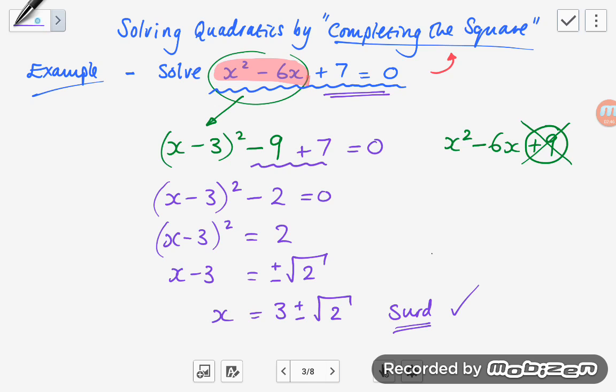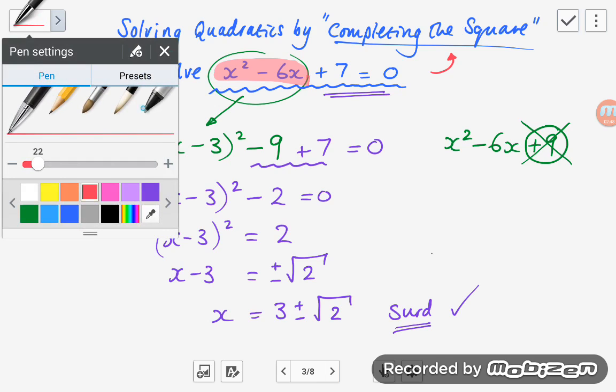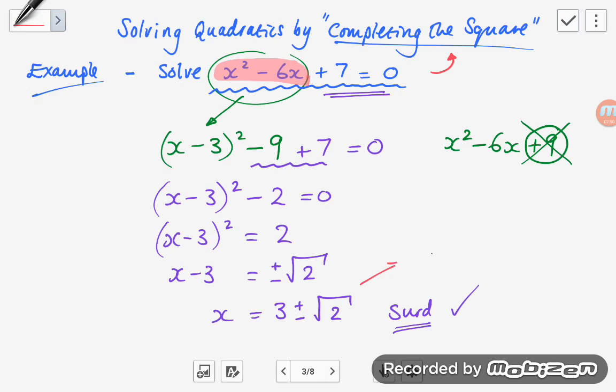And from that, we can get two solutions. On a calculator, the solutions would be x equals 3 plus root 2, that would give me one solution, and the other solution for x would be 3 take away the value for root 2. And that is how we solve a quadratic by completing the square.